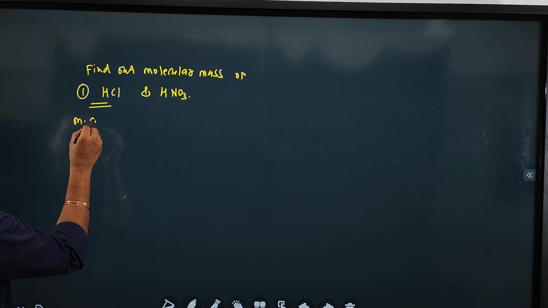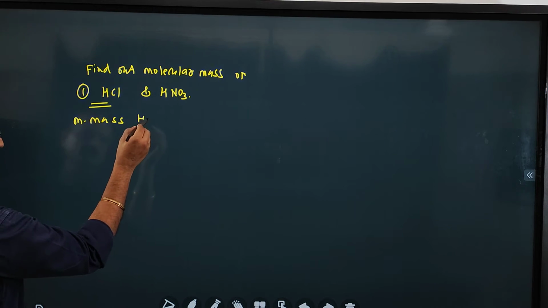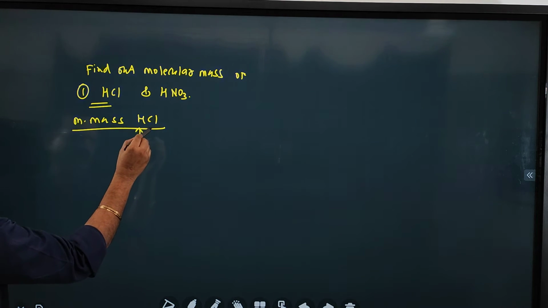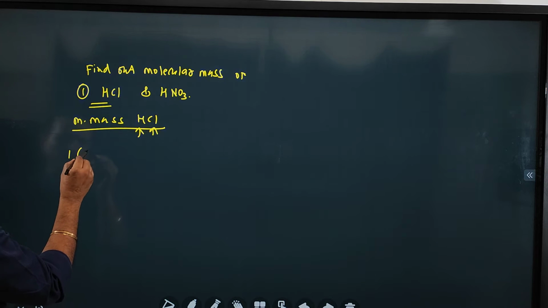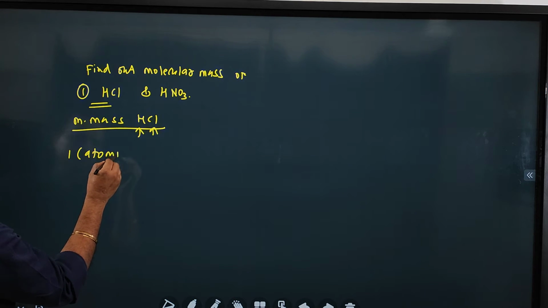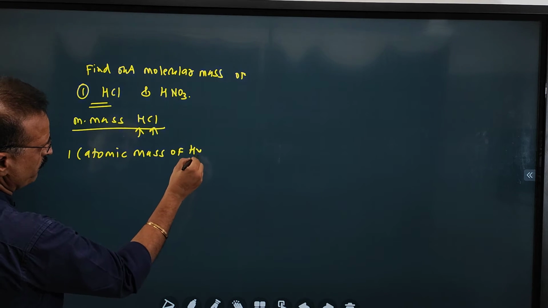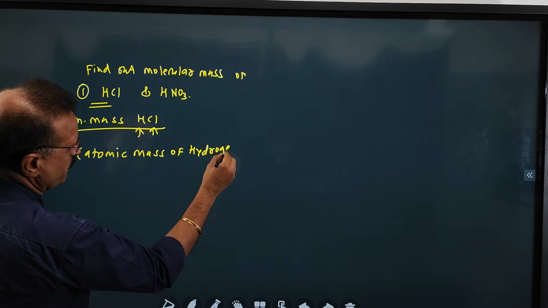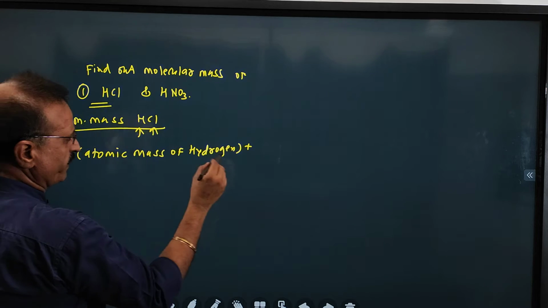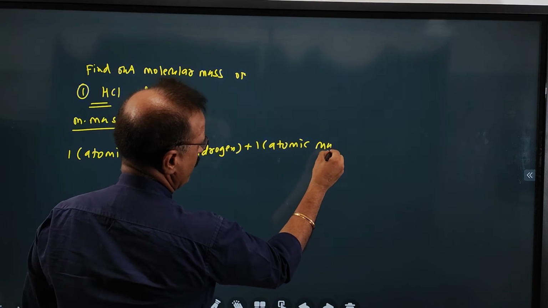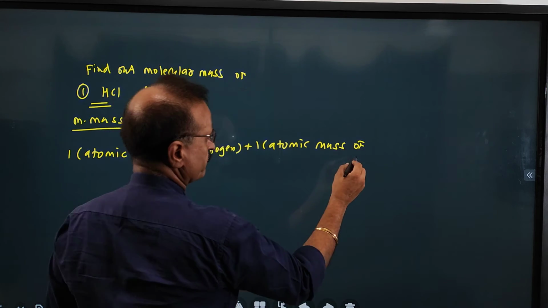So molecular mass of HCl is what? In HCl there is one hydrogen and one chlorine. So 1 into atomic mass of hydrogen, plus there is one chlorine. So 1 into atomic mass of chlorine.